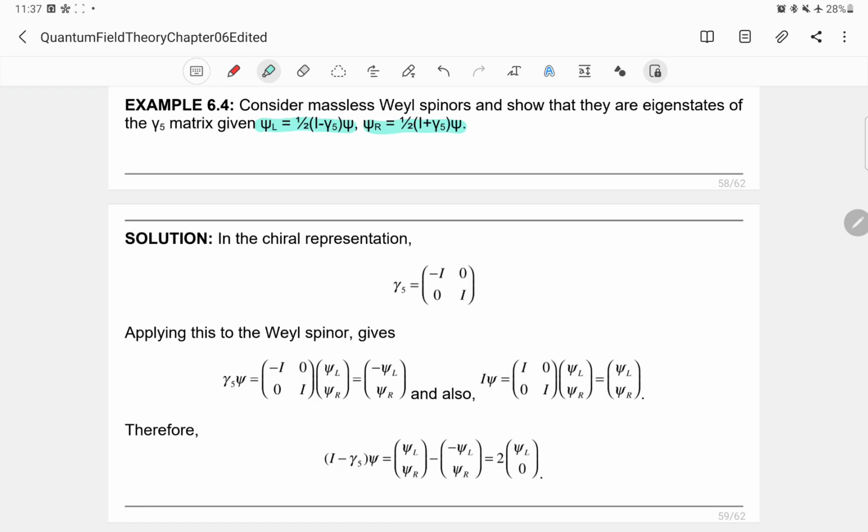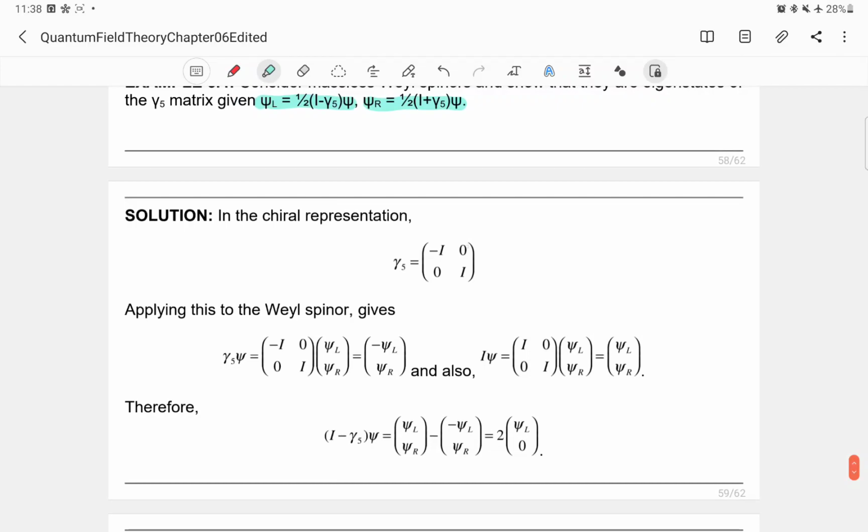So in the chiral representation we had this, and if we apply it to the Weyl spinor, gamma 5 will just be this one and that one, and it will give you this, and your identity matrix applied to psi will just give you the same spinor, and I minus gamma 5 psi will just be this.